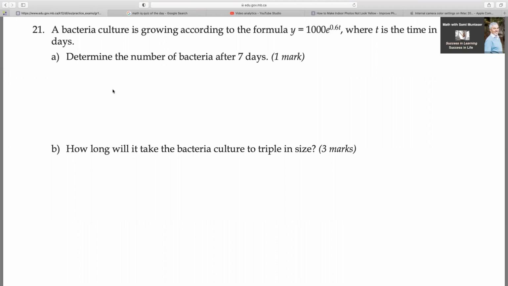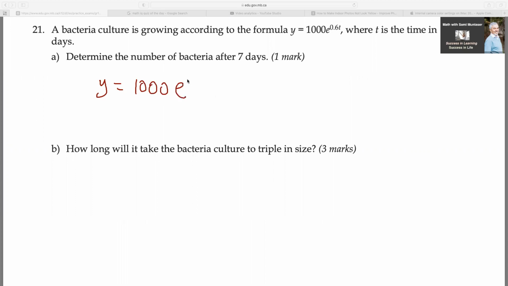This is straight plug in. So y is the number of bacteria. So y equals 1000 e to the 0.6 times the time, which is 7 days. And that's just straight plug in. So 1000 times e to the power of 0.6 times 7.